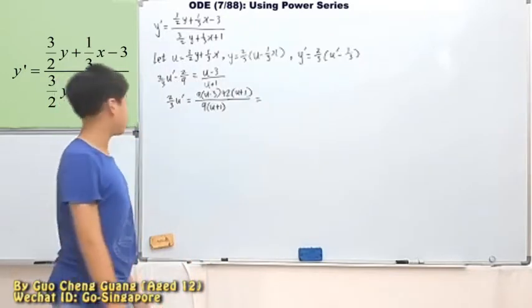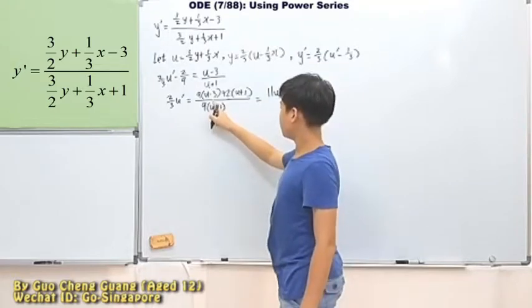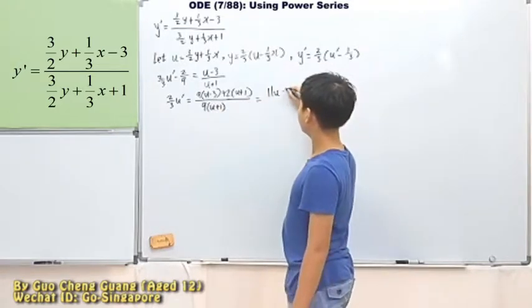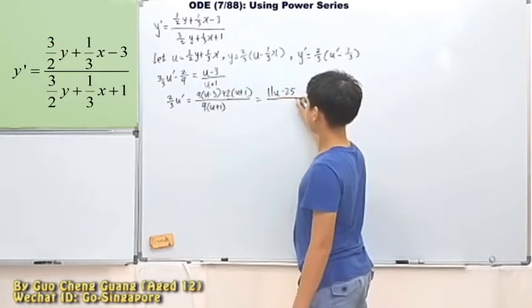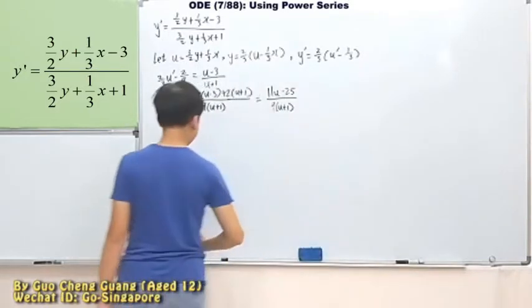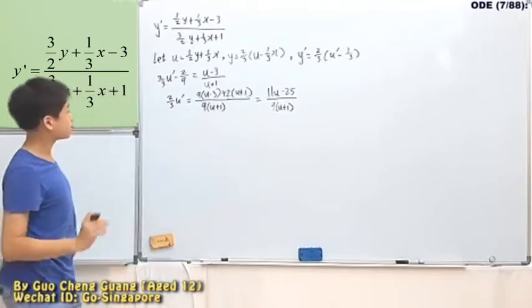Now what happens in this part? Here you have 11u, here minus 27 plus 2, so it's minus 25. Then on both sides you get times 9.